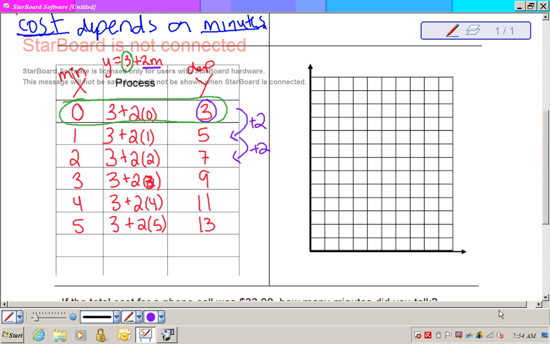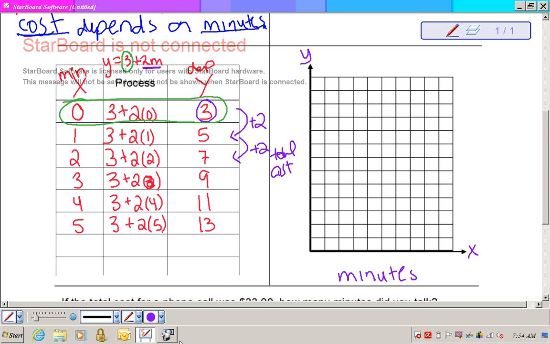Now the fourth thing we're going to do in the four corners is label our graph. The horizontal axis is going to be x, and the vertical axis is going to be y. X is our independent, so that's our minutes. Y is our dependent, and that is our total cost.